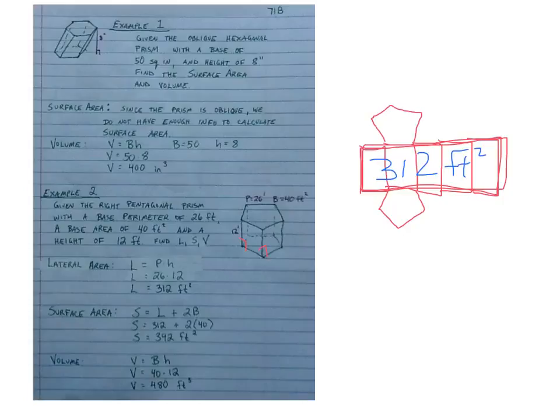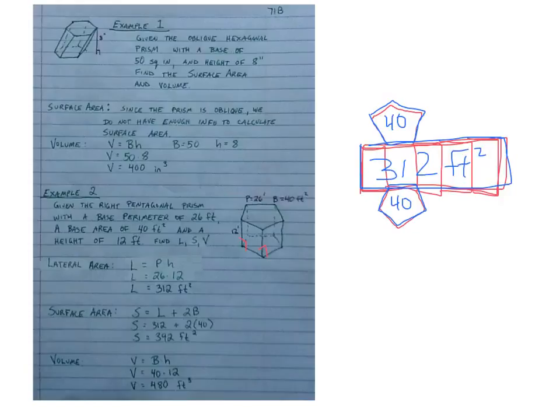To find the surface area, we're going to add this 312 feet squared to the area of the 2 bases. So L plus 2B. And they tell us B is equal to 40 feet squared. So we do 312 plus 2 times 40, giving us 312 plus 80, or 392 feet squared. Because we have 40 plus 312 plus 40, the surface area of this right pentagonal prism is 392 feet squared.